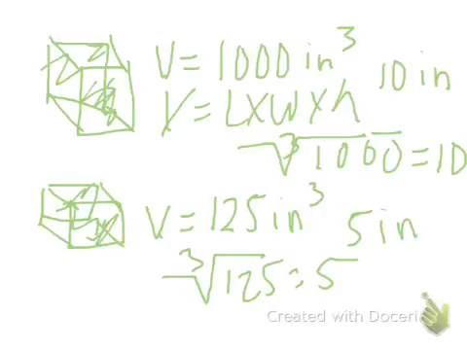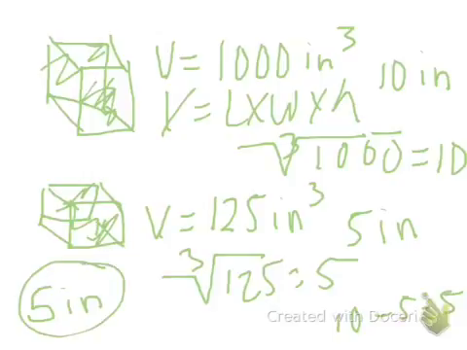Now, to find that difference, difference means to subtract. So 10 minus 5 gives me 5. My answer for the distance between the side lengths or edges of both cubes is 5 inches.